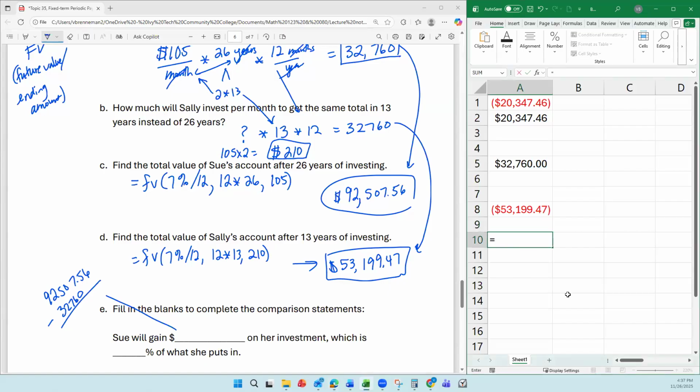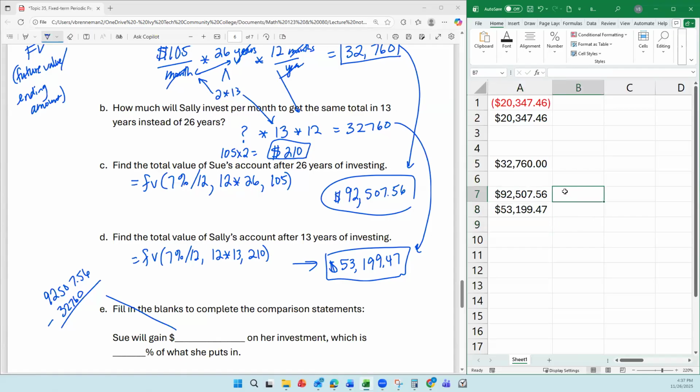So, in fact, let me do this. I could just again have Excel do that. I'll say equals. In fact, let's make this minus so this comes out positive, so I don't have to worry about adjusting for that.